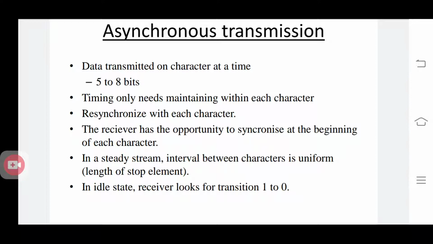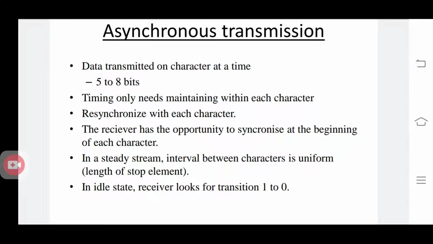Here no clock signal is used for the timing. So the receiver should resynchronize with each character. The receiver has the opportunity to synchronize at the beginning of each character. So there is a need of synchronization at the start of each character.